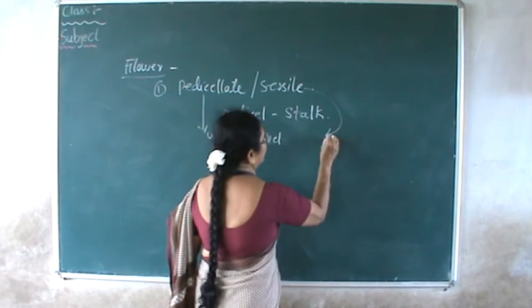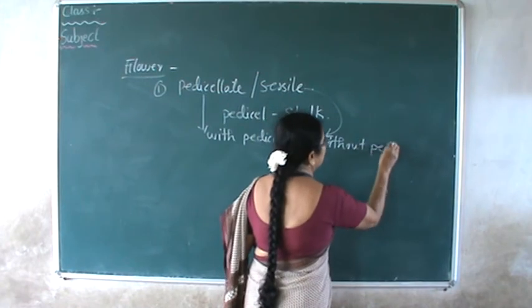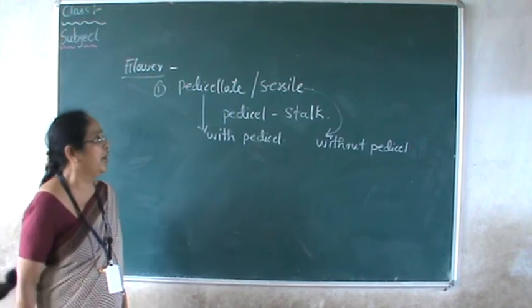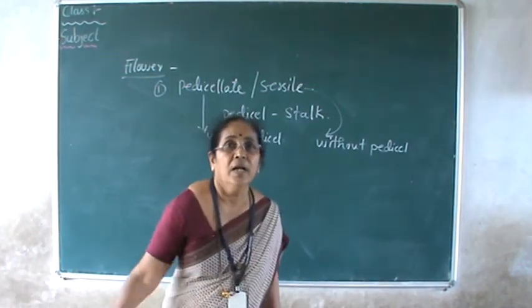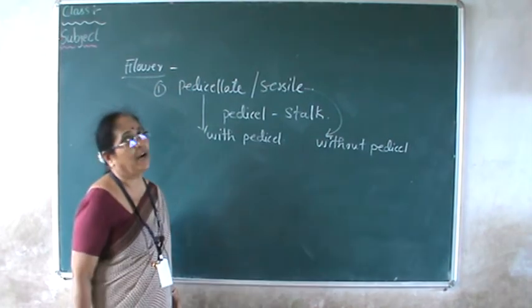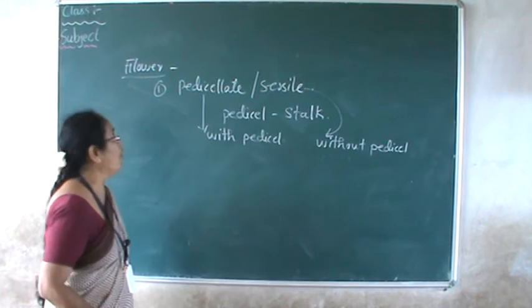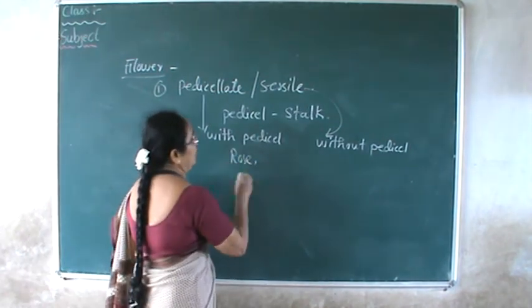Whereas a flower without pedicel is called a sessile flower. Example: think with respect to the plants which are around you and give the example. I will give examples for the pedicellate flower. Rose is a pedicellate flower.